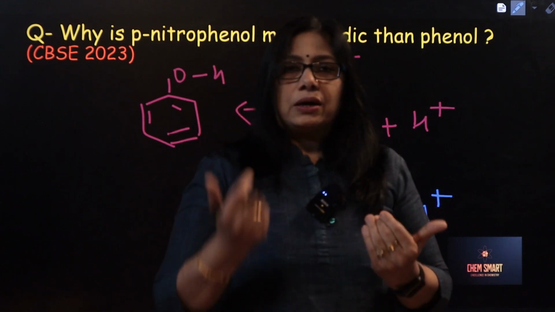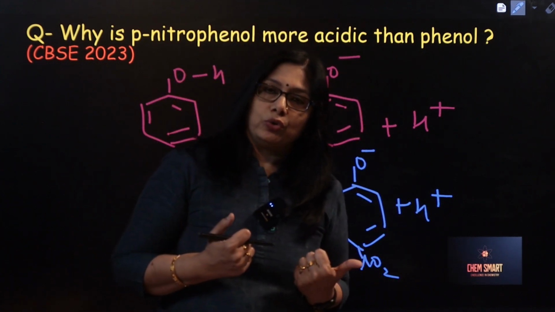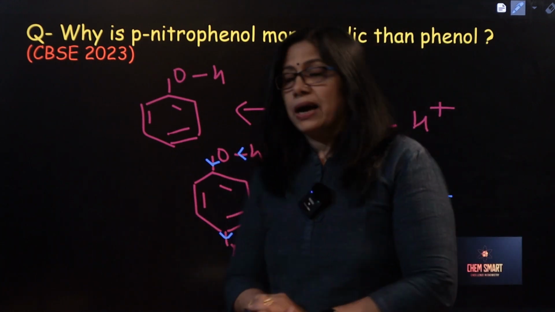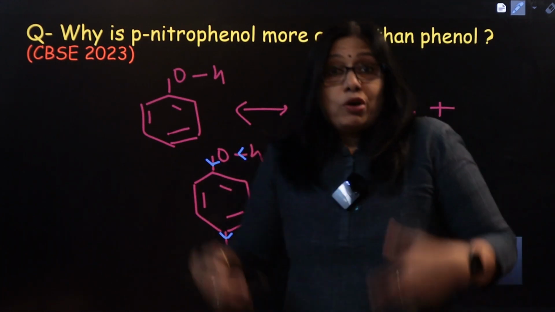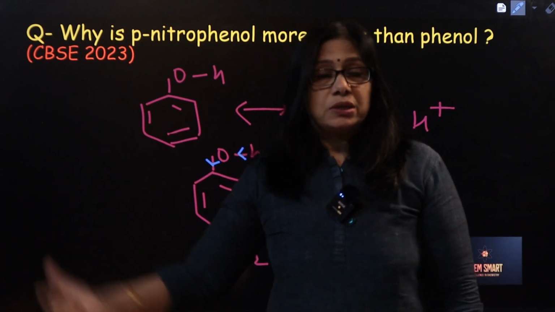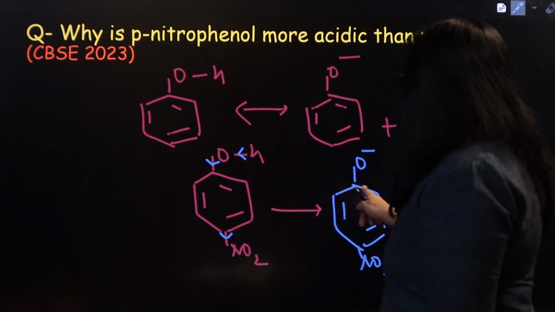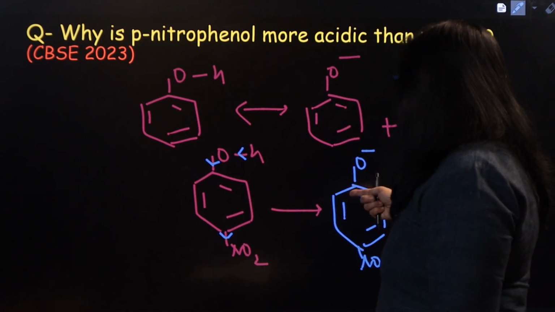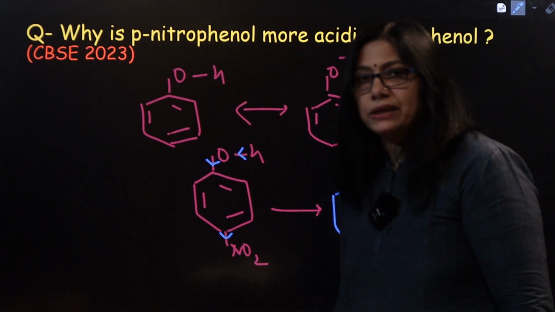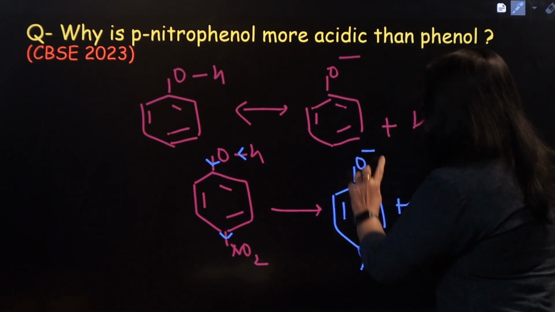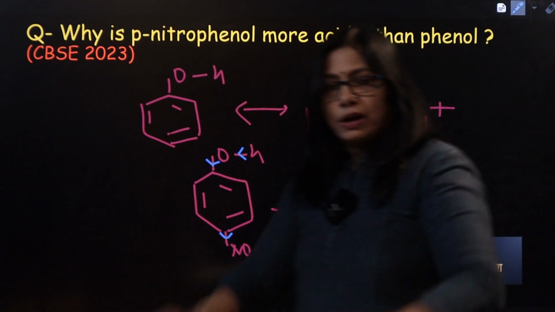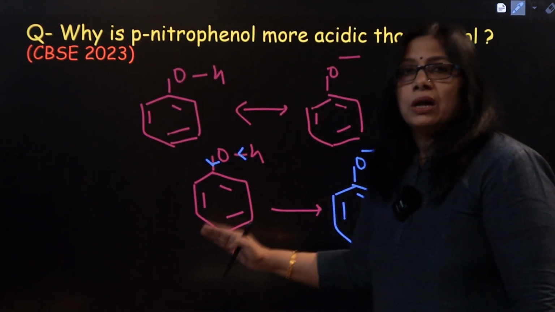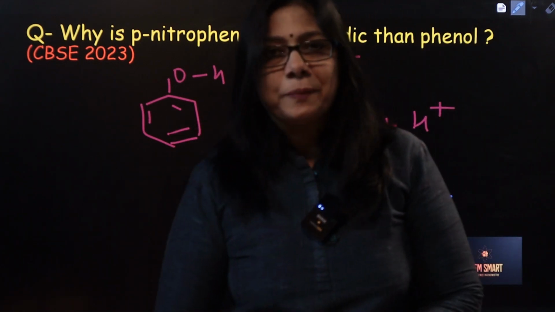Basic reason: the electron withdrawing nature of the NO2 group makes the OH bond more polar and weaker, and gives easy dissociation compared to the unsubstituted phenol. In other words, we can say this phenoxide ion is more stable than this phenoxide ion, right? Because of the presence of the electron withdrawing group, the negative charge is getting delocalized. Understand? So it will become more stable. That means this is more acidic than phenol. Clear? Practice.